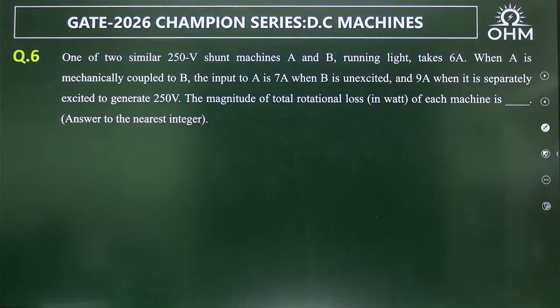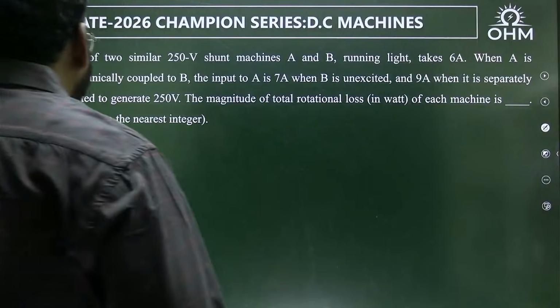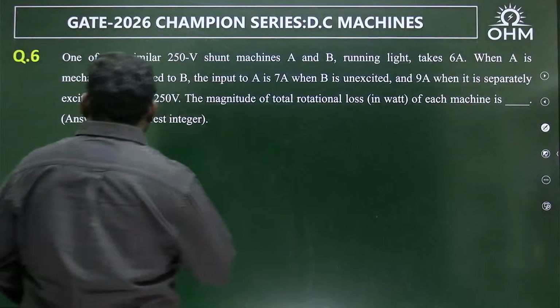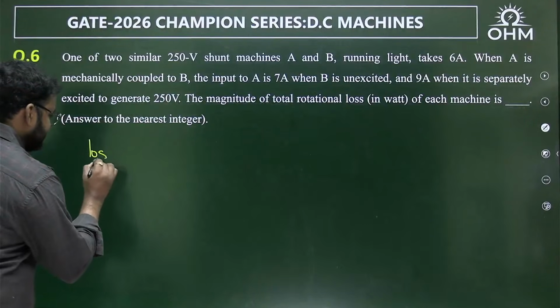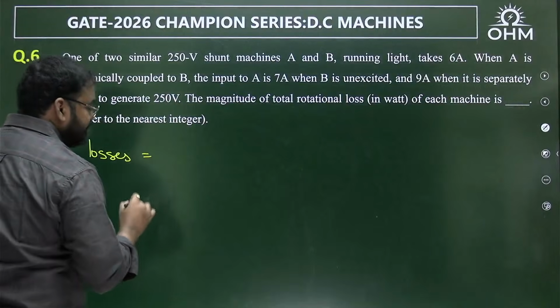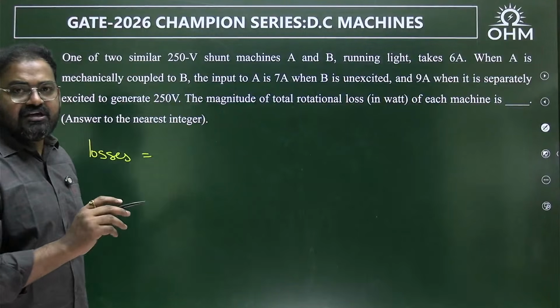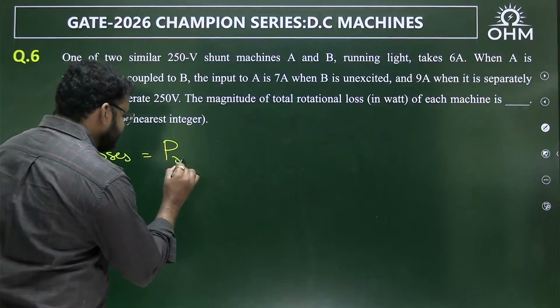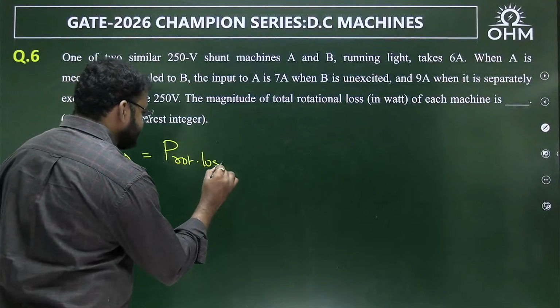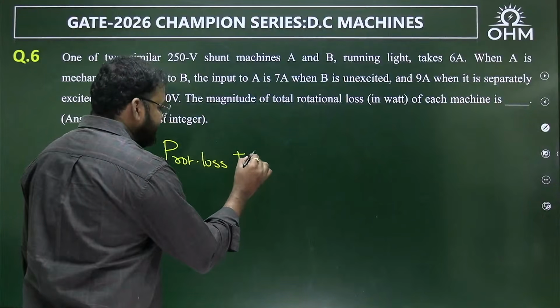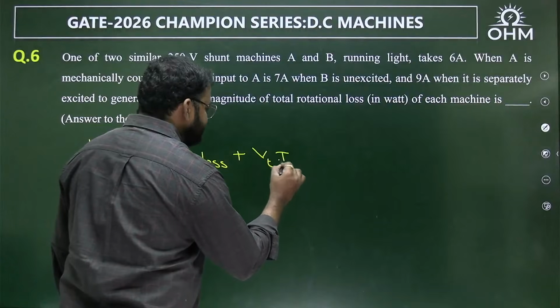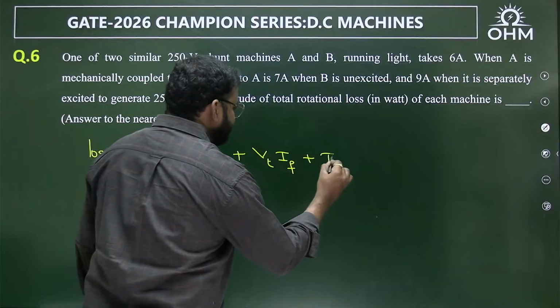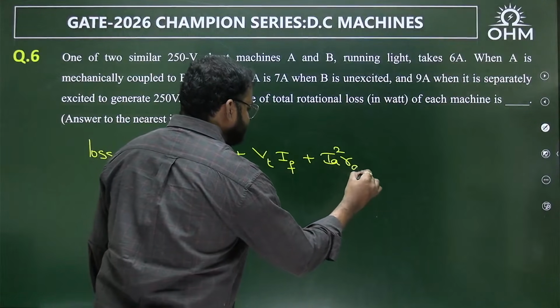To answer these questions, first everybody should have an idea about power losses in DC machine, especially in shunt machine. There are three types of power losses in rotating electrical machines. The first one is rotational loss. Next one is shunt field copper loss, and the next one is armature copper loss.